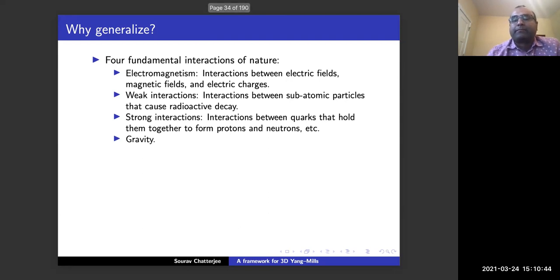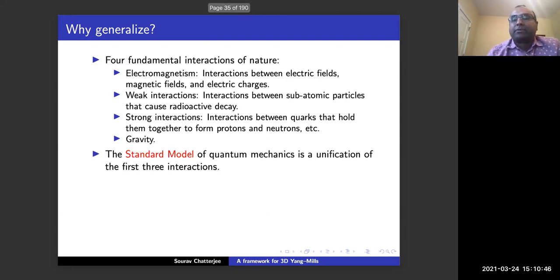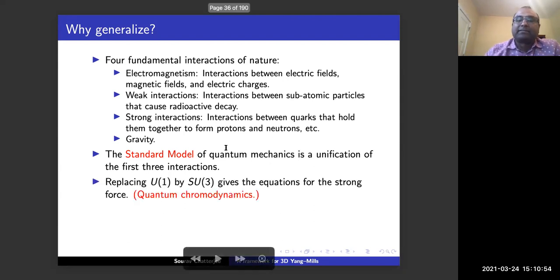And you have gravity. And the standard model is a unification of the first 3 interactions, and it has various other things. So it has matter fields and so on. But even without that, just without matter, what you do is you replace U1 by SU3, and you get the equations for the strong force. This is called quantum chromodynamics.